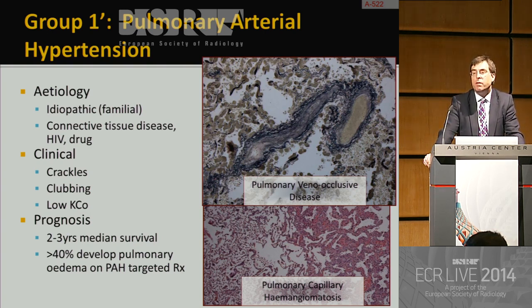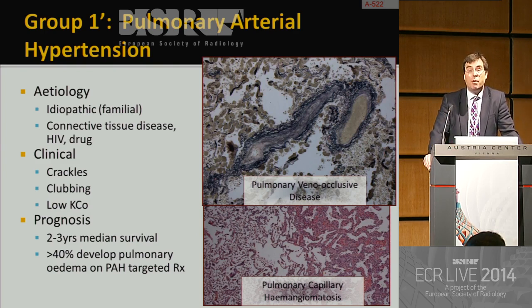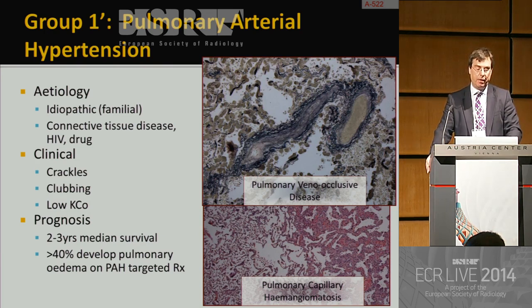Outcomes are slightly worse than arteriolar diseases. And importantly, if you treat this group of patients with treatments targeted at the arterioles, causing arteriolar dilatation, they can develop acute pulmonary edema.